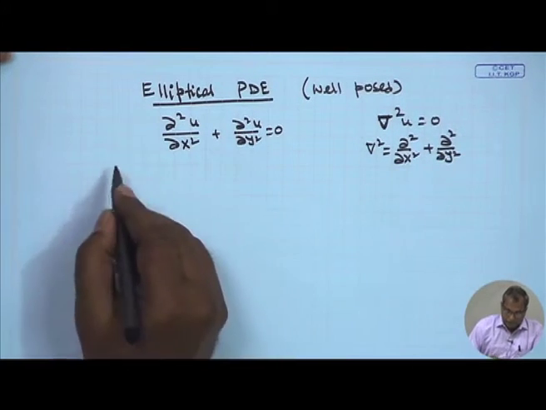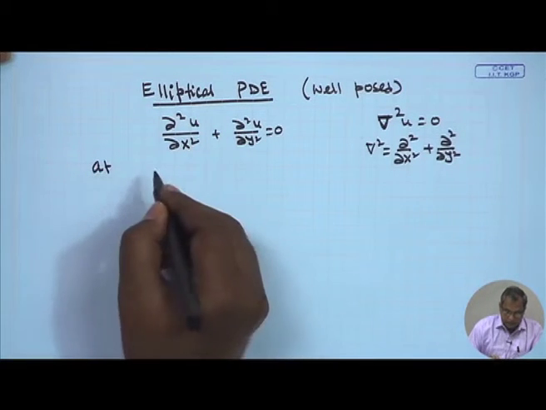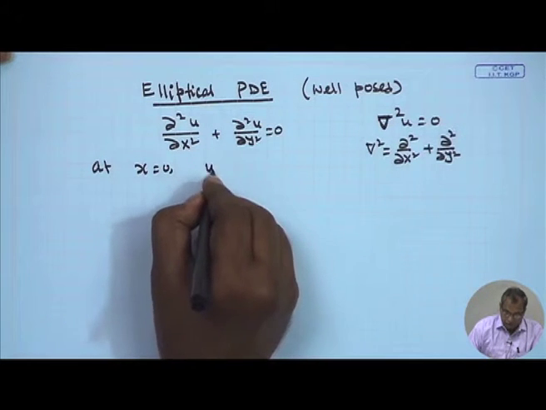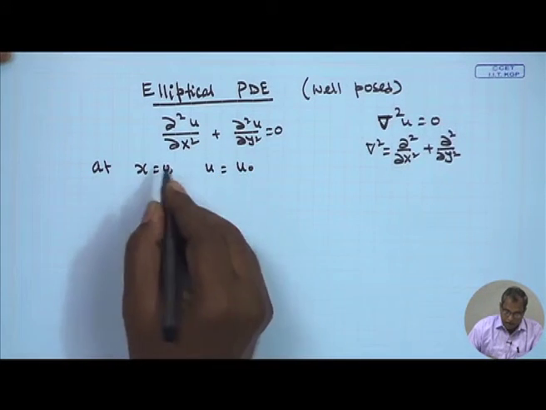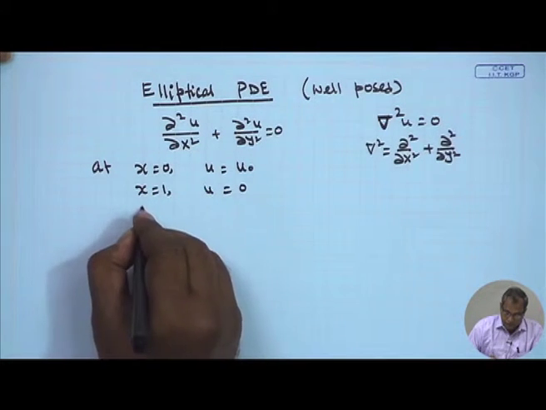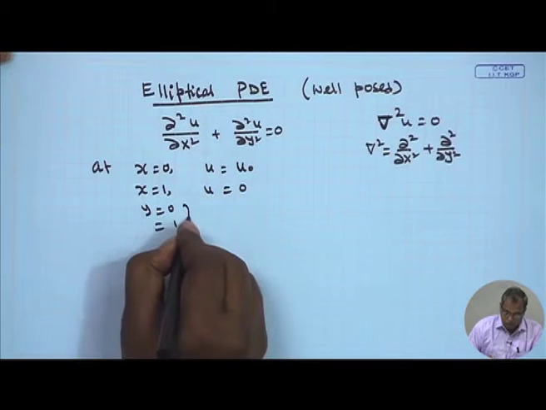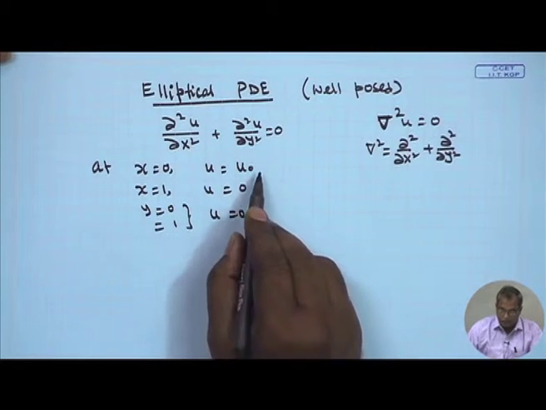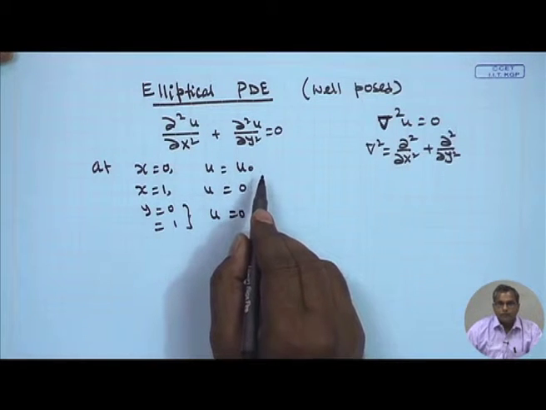Let us fix up the boundary conditions. At x equal to 0, u is equal to u naught. At x equal to 1, u is equal to 0, and at y equal to 0 and 1, u equal to 0. We consider a Dirichlet boundary condition, specified on all three boundaries. That means at x equal to 1 and y equal to 0 and 1, we have homogeneous boundary conditions.